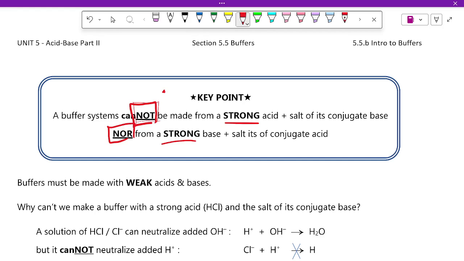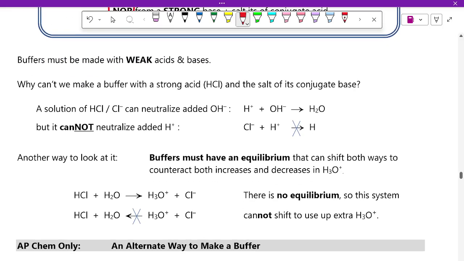Why not? Why can we not make a buffer from something strong and strong? Because it won't go the other way, right? You need an equilibrium that will be able to shift to absorb extra hydrogen and shift to make extra hydrogen. These go one way. Buffers have to have an equilibrium.